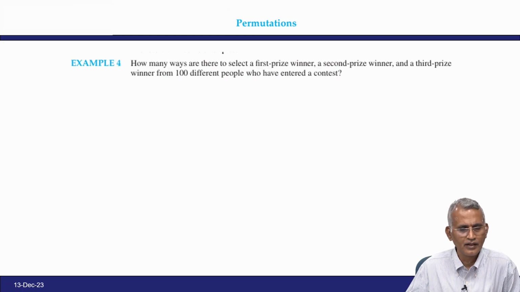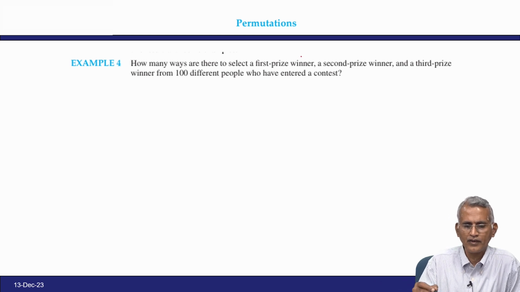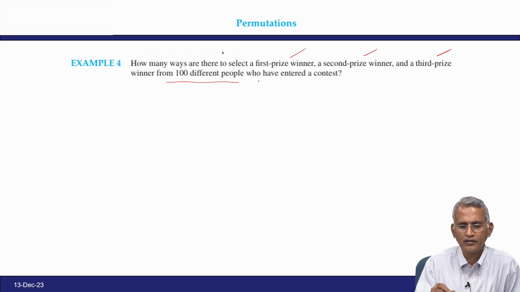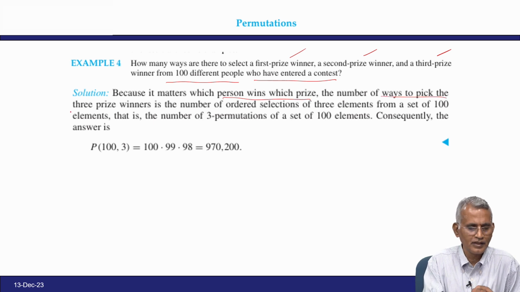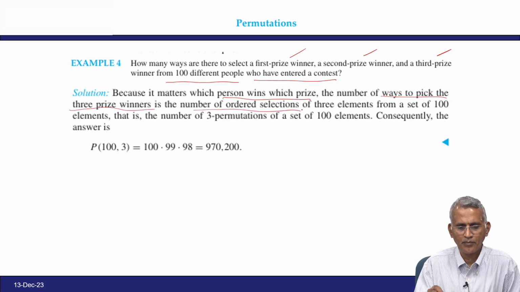Now, we have some examples of permutation. How many ways are there to select the first prize winner, second prize winner, and third prize winner from 100 different people who have entered a contest? The answer is, it matters which person wins which prize. So, the number of ways to pick the 3 prize winners is the number of ordered selections of 3 elements from a set of 100 elements, that is, the number of 3-permutations of a set of 100 elements.